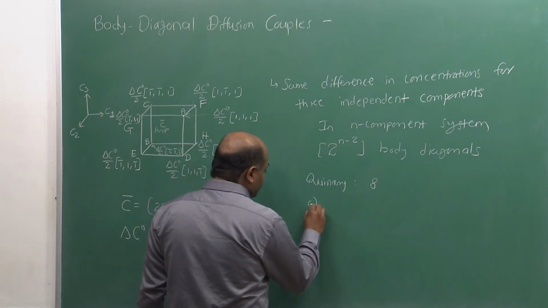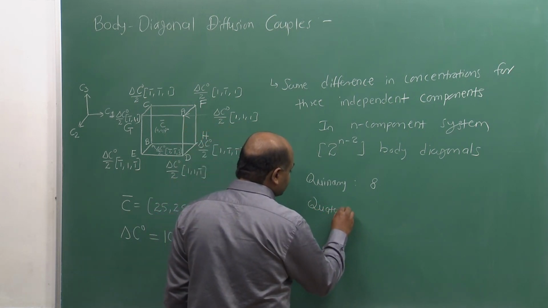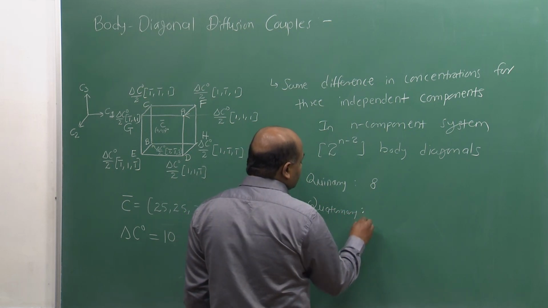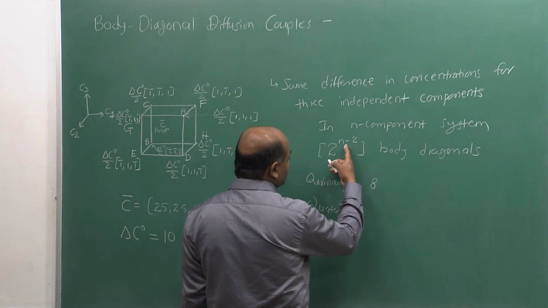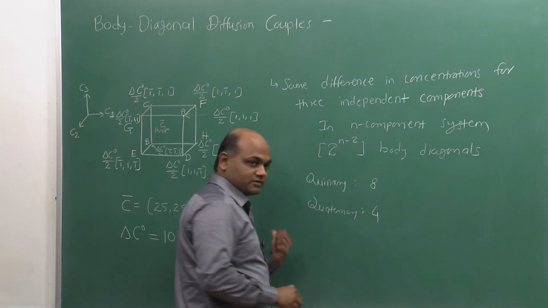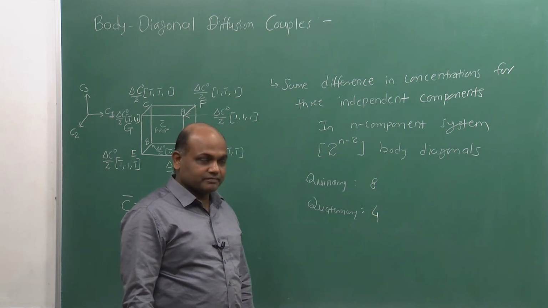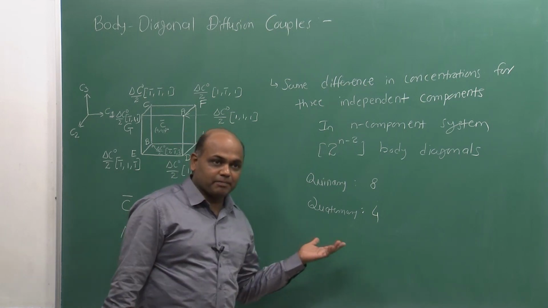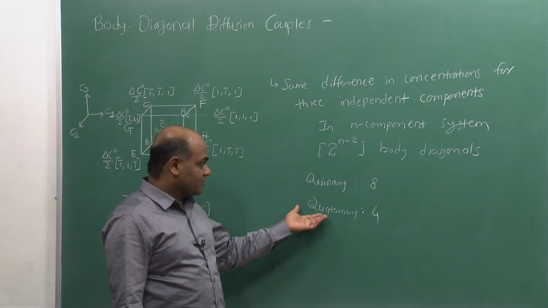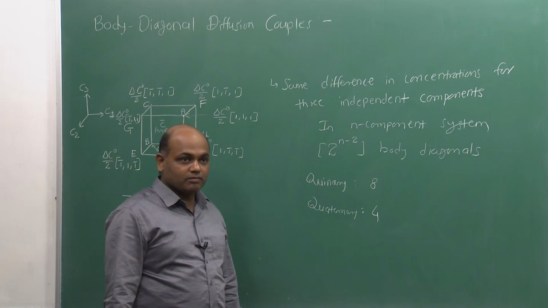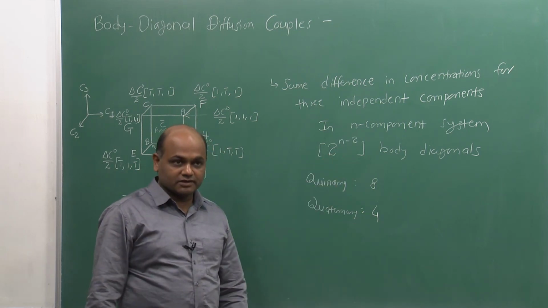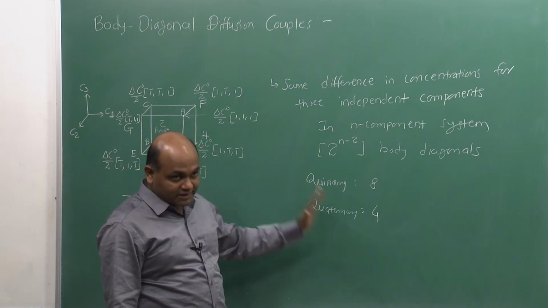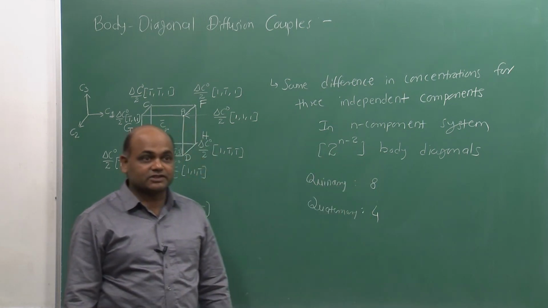In quaternary, we have already seen in 3-dimensional composition space there will be 2 to power 2, 4 body diagonals, which I already got. Ternary, it is simple, it will be a square and there will be 2 body diagonals, 2 to power 1, 2 body diagonals. And this way we can extend this method for higher order system.